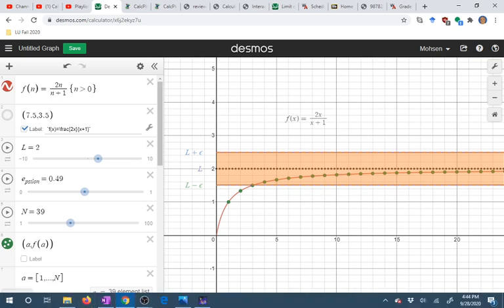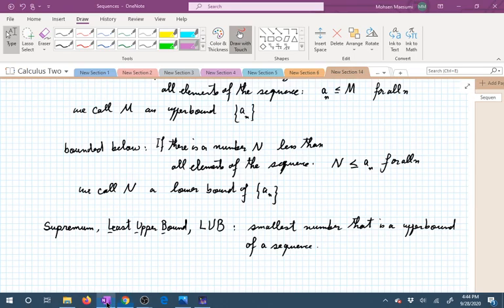Very simple idea. Next, we have the same thing when we want to hold the floor underneath a sequence.